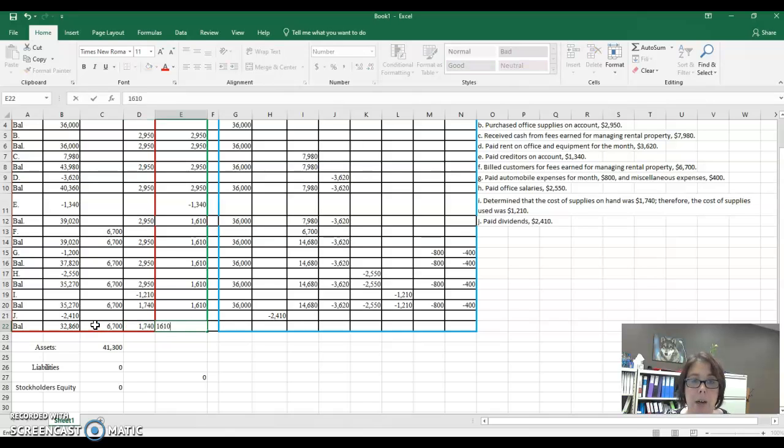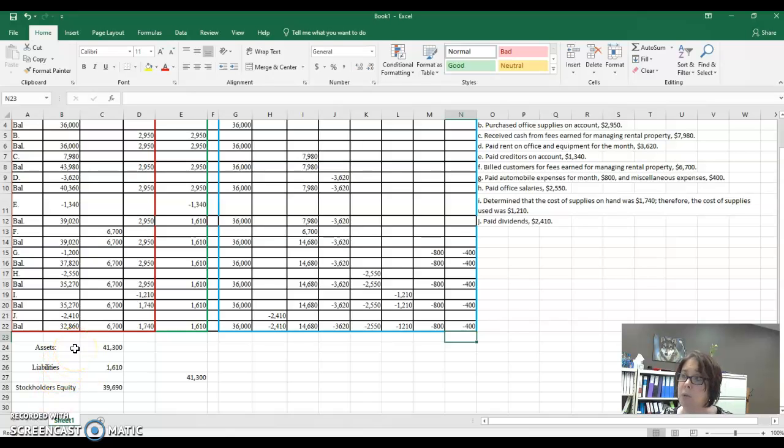We have our liabilities. And if you notice on the bottom part, I am grand totaling all of this. We have 36,000, a negative 2,410, 14,680, negative 3,610, negative 2,550, negative 1,210, negative 800, and negative 400.